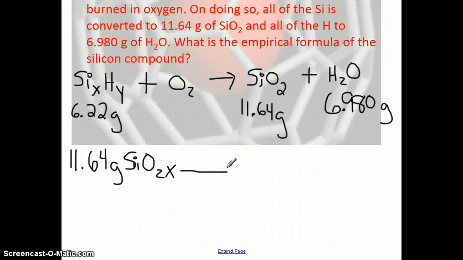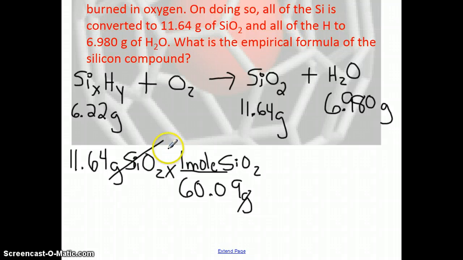First we've got to get it out of grams, so we need the molar mass of SiO2. After I calculated it up for us, I got 60.09. That's your molar mass of SiO2, and that's equal to 1 mole of SiO2.